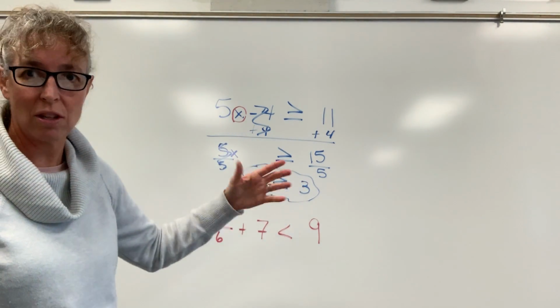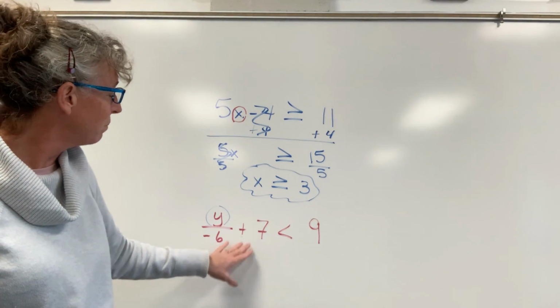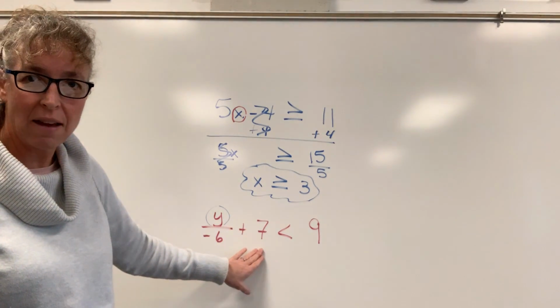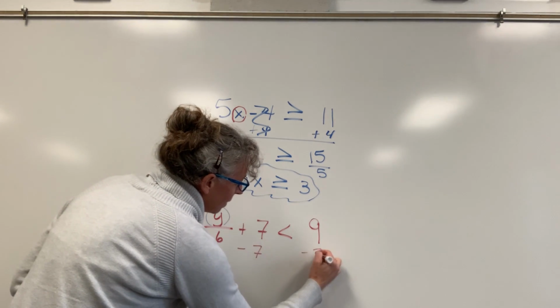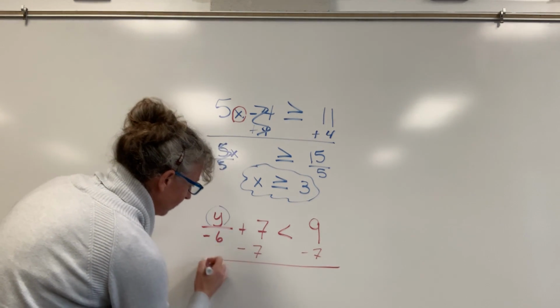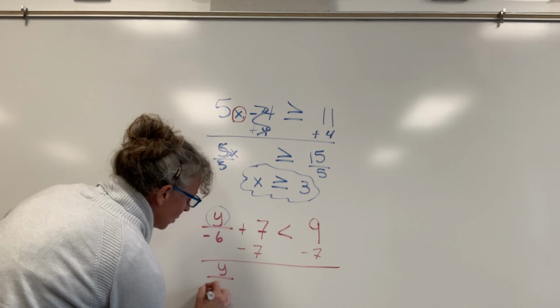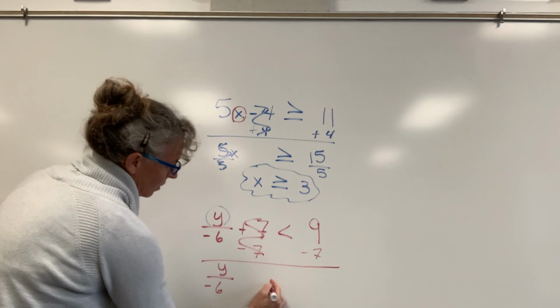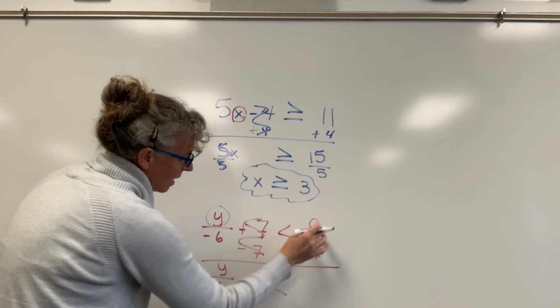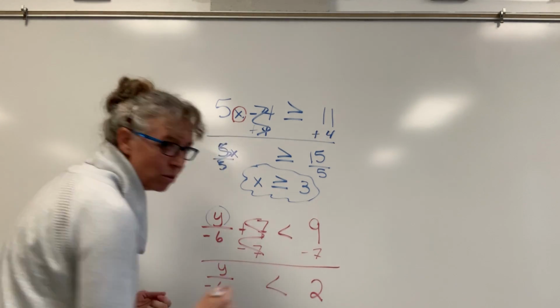And that's the additional thing that we added for today's lesson. So to get rid of a +7, we have to go a -7. Okay, this would drop down because we didn't do anything different with that. These would cancel. We have a less than sign, and a 9 minus a 7 is a 2.